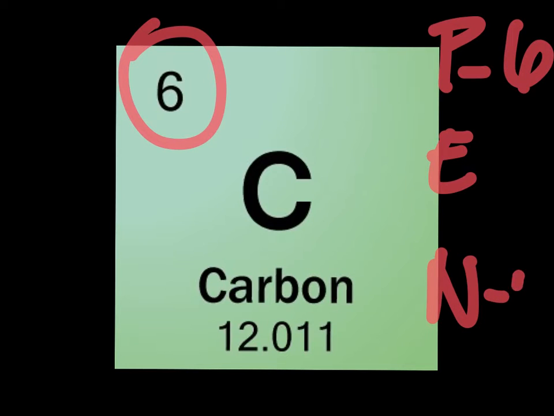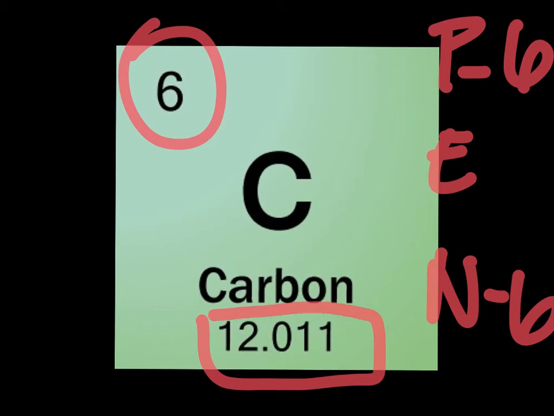So that means there's 6 protons and 6 neutrons. This number, which I'm going to round to 12, tells me how many protons and electrons I have. But I already know that there are 6 protons, so I'm going to subtract 6 from 12, and I get 6. That tells me I have 6 electrons in my carbon element.